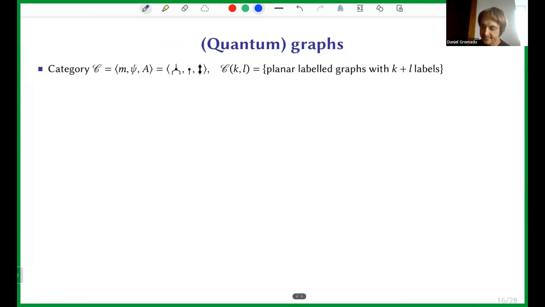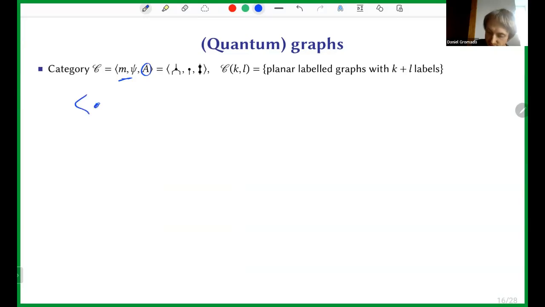You can, for instance, also study quantum symmetries of graphs. So a graph is like a finite space, but it is equipped in addition with an adjacency matrix.